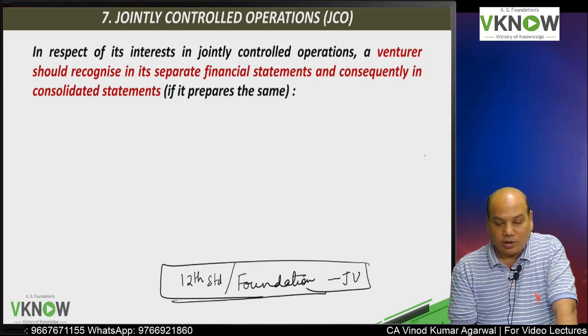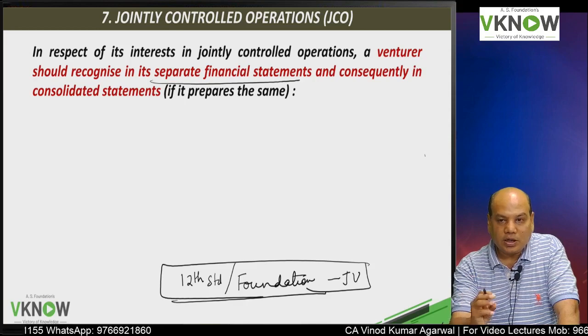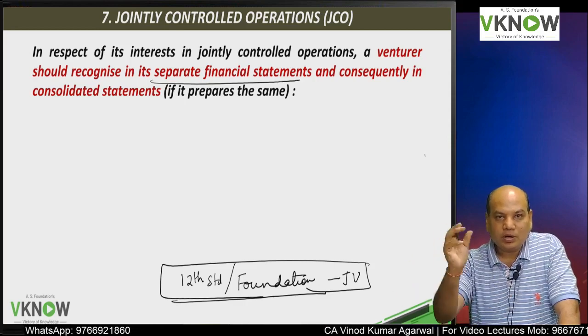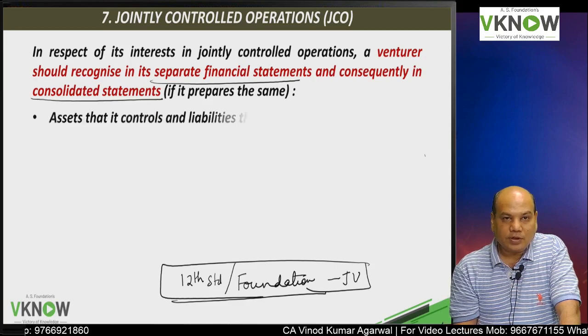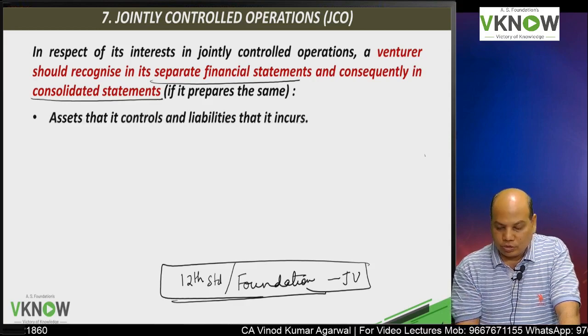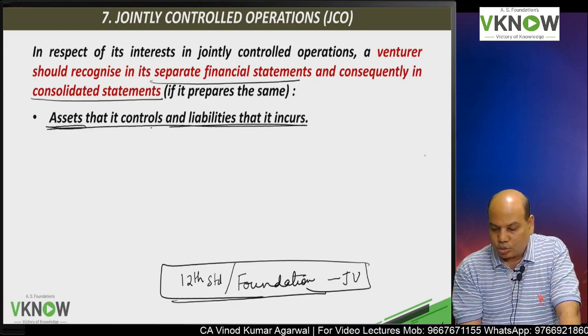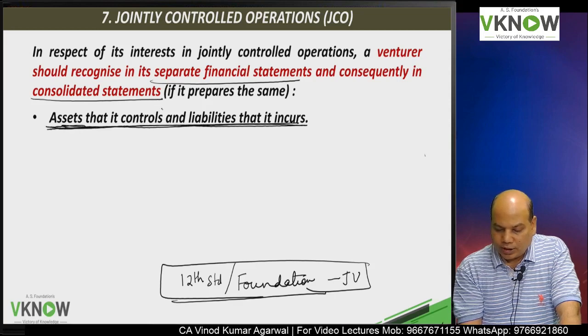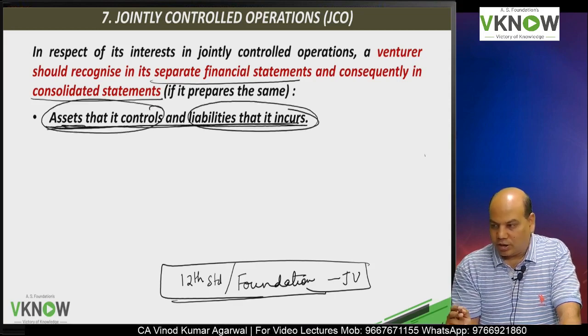Each venturer will record in separate statement. Same data, same figures are transferred to consolidated statement if the venturer is preparing consolidated statement. And what you have to do, you have to record your own asset and your own liabilities that you directly control and which you directly incur.